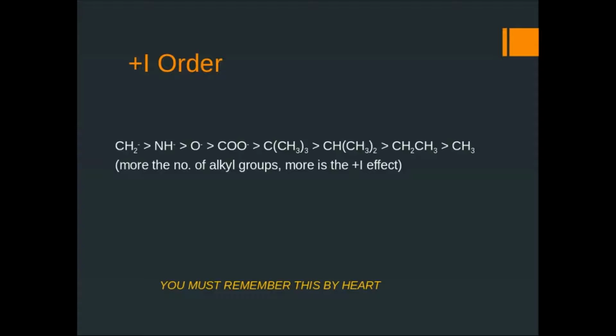Also you have to remember that as the number of alkyl groups increases, the +I effect is greater. So (CH3)3C will have the greatest inductive effect of the alkyl derivatives, as you can see.